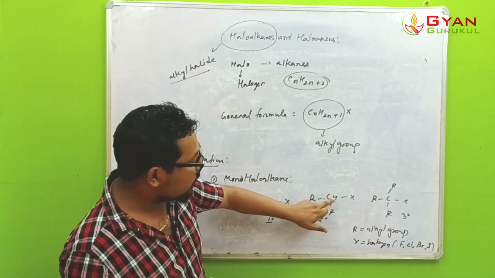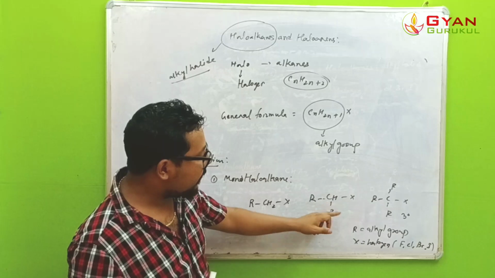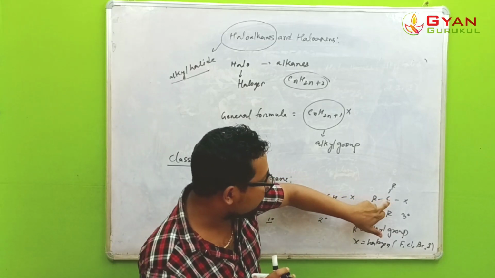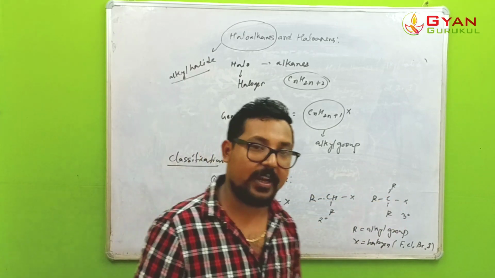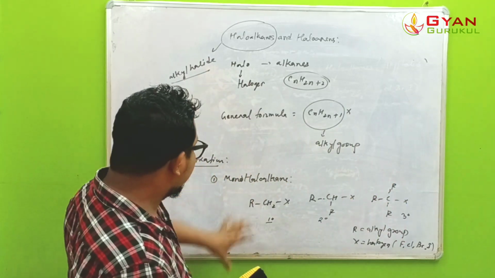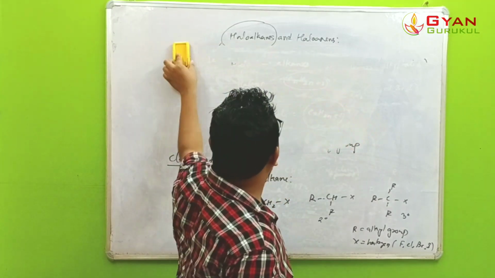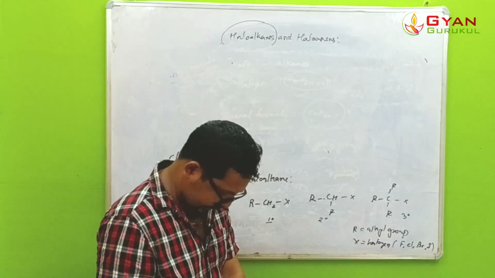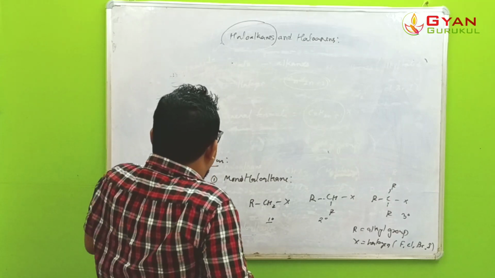If it is bonded with 1 hydrogen atom, it is secondary. And if no hydrogen atom is bonded with this carbon, which is bonded with a halogen atom, it is called tertiary. This is the classification of monohaloalkanes. Pause the video and write it down.